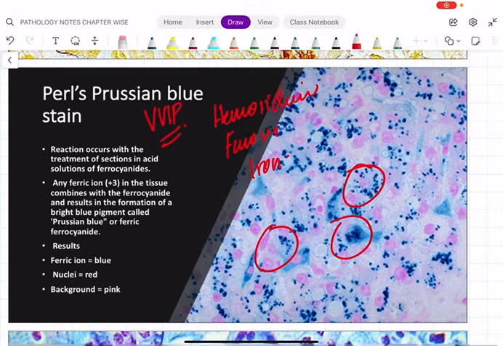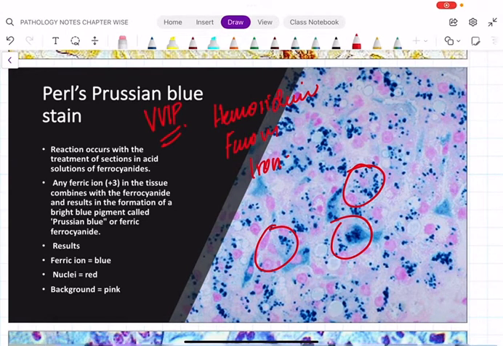There is a condition we call hemosiderosis, primary and secondary. In such conditions there will be increased iron deposits in the liver and elsewhere, which can be stained by Perls' Prussian blue stain. It is a stain for hemosiderin and for iron.